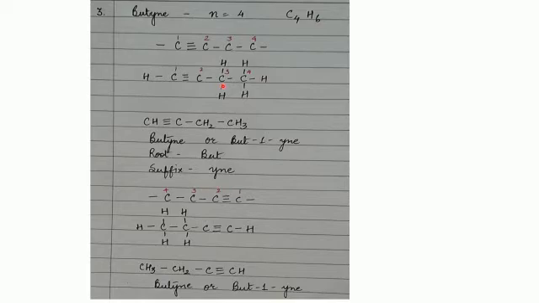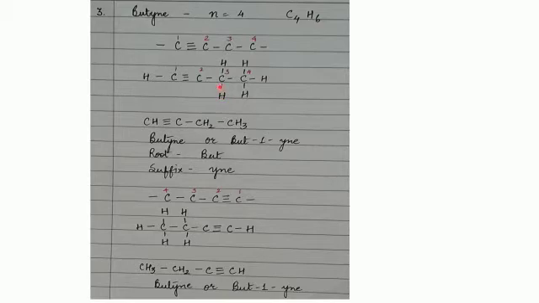Coming to carbon atom number 3, we can see that it is forming one single bond here and one single bond on this side. So it has got 2 plus 2, that is 4 electrons. 2 electrons are still left with this carbon. So it will share 1 electron with 1 hydrogen on this side and 1 electron with this hydrogen.